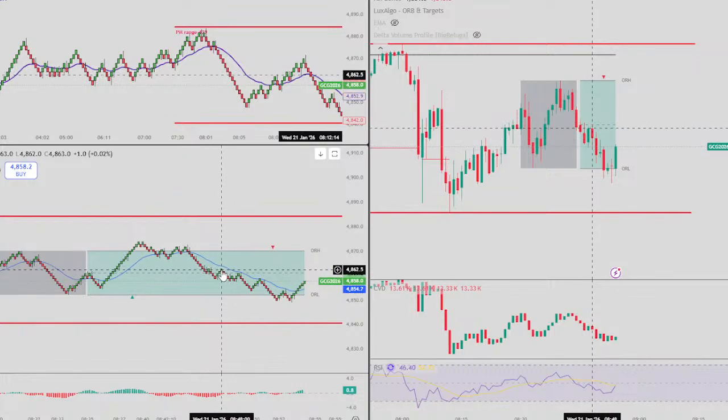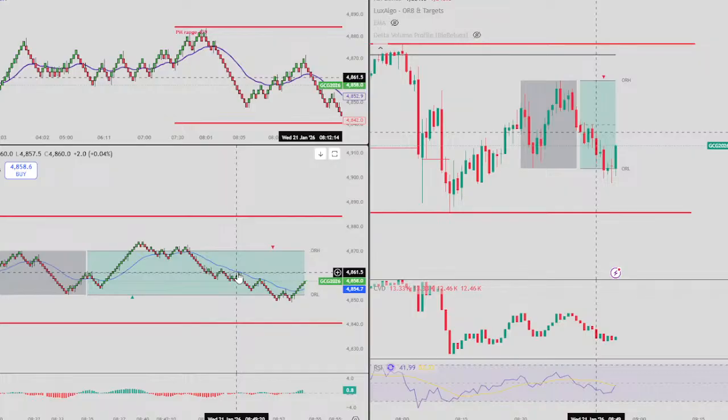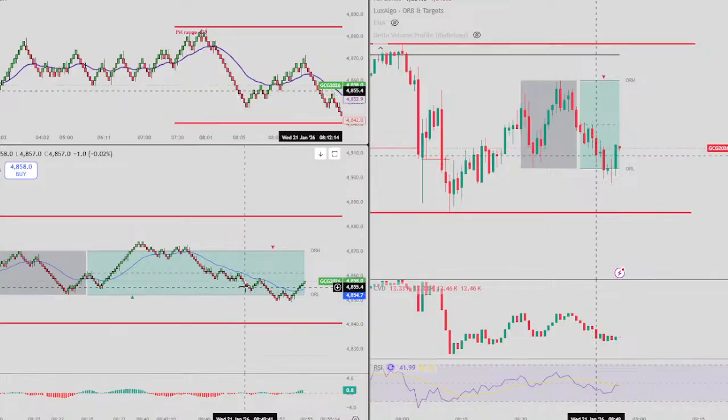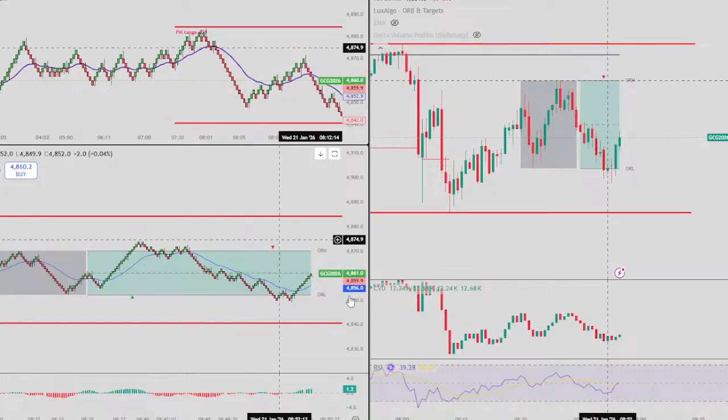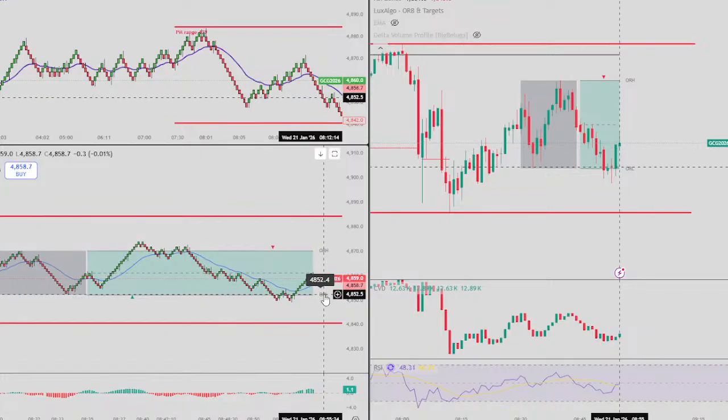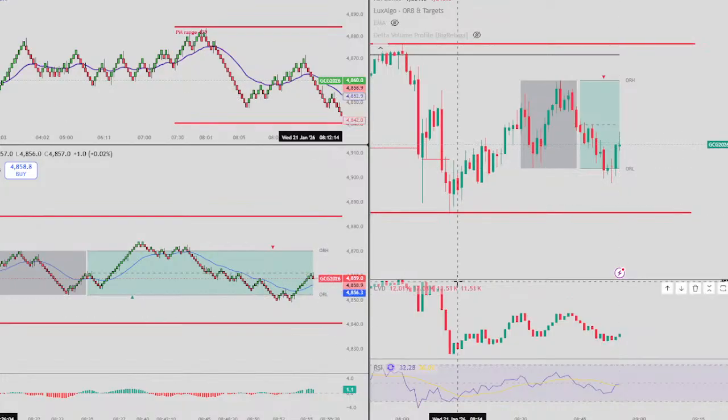Maybe here, this point, this point. It's taking out a lot of people right now, and we're coming all the way back up. I look at this chart and it's a lot of red and green.